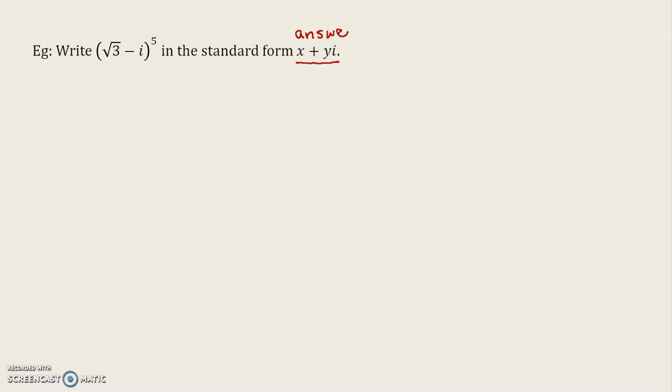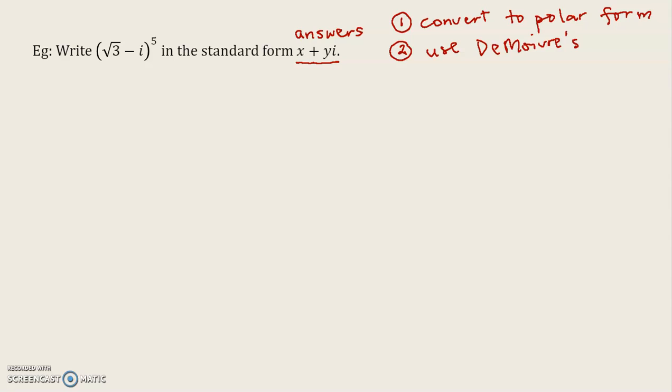So it means the first step is to convert to polar form, then the second step is to use De Moivre's theorem, and then convert back to standard form. So it's actually quite lengthy.